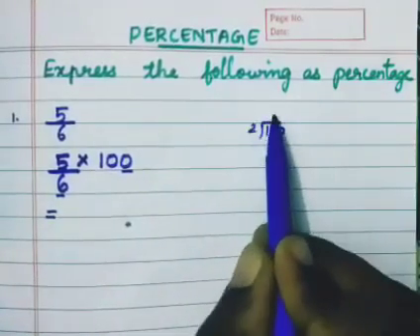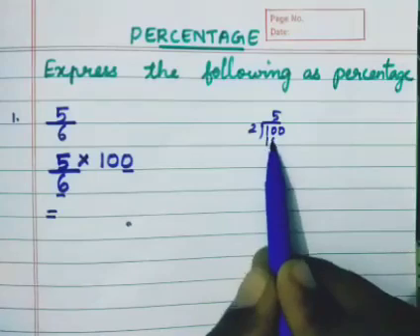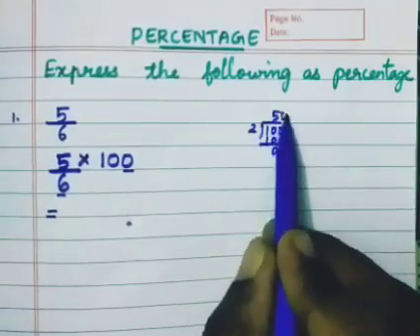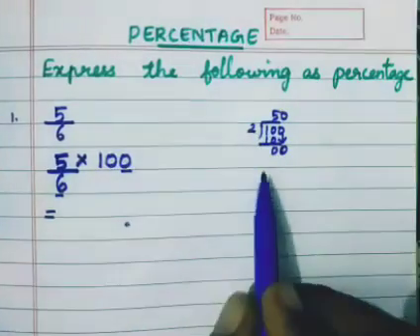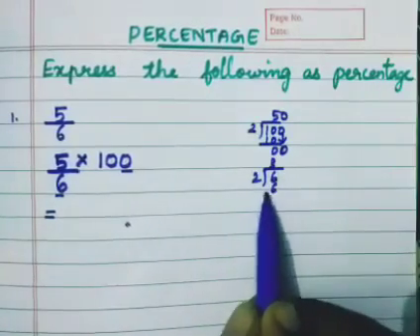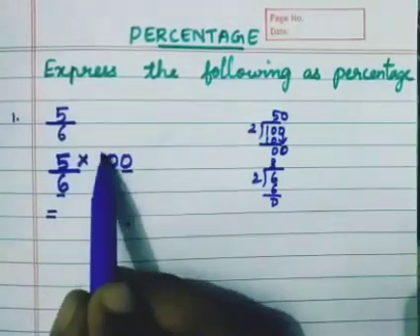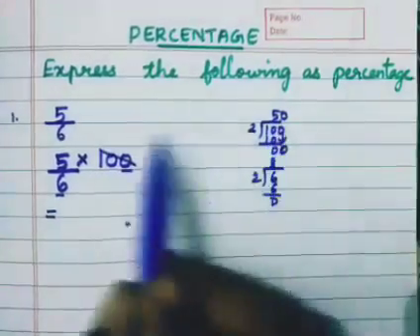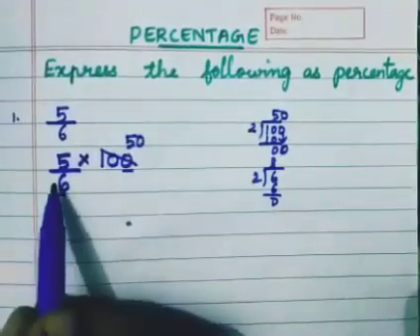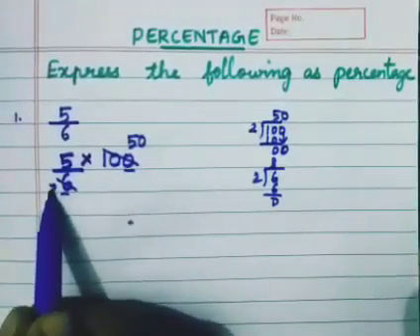How many times 2 goes in 100? 2 5s are 10. Then the remainder is 0. Bring down the next 0, that is less than 2, so put a 0 in the quotient place. Then divide the 6 also by 2. 2 3s are 6. So we can cancel this 100 and write 50. Then cancel this 6 and write here 3.